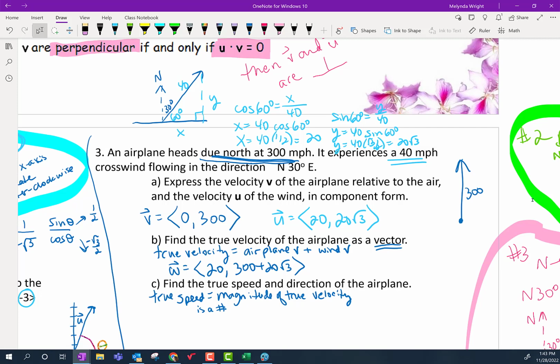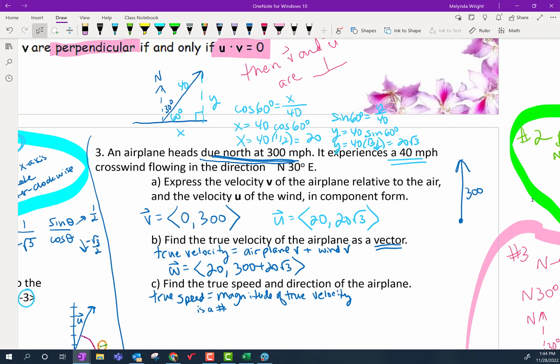It's going to affect it. If the plane is going north and the wind is going northeast, do you think it's going to help the plane move faster or hurt it? It's going to help it, isn't it? Because it's going kind of a north direction. So we should expect our true speed to be greater than 300.